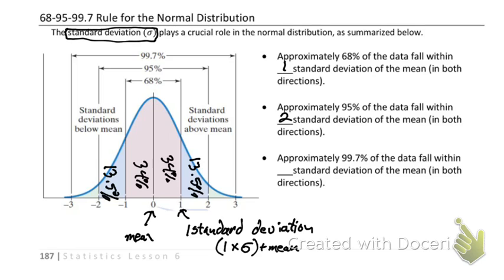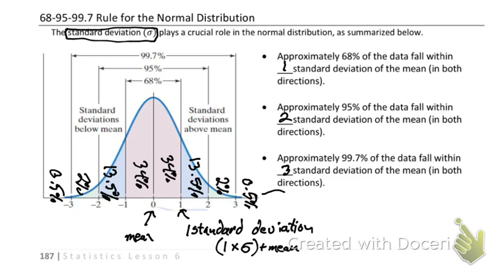Now, going further out, 99.7% of our data falls within 3 standard deviations of the mean in both directions. Adding on to that, 2% of our data is between 2 and 3, and 2% of our data is between negative 3 and negative 2. And finally, 0.5% of our data is left over on what's called the tails.